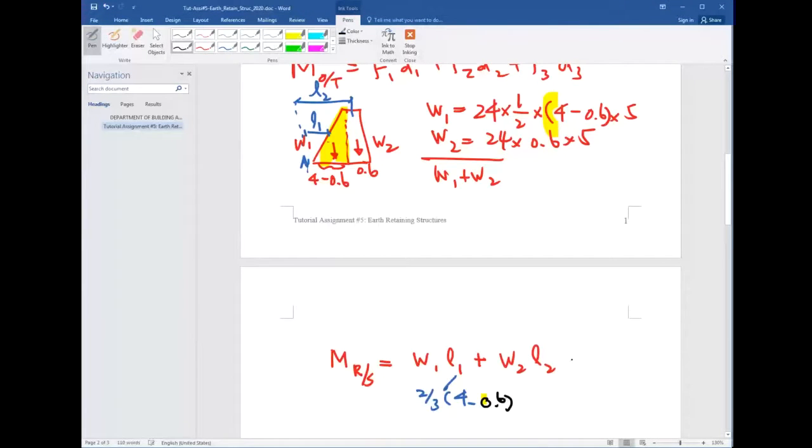And what's L2? L2 is equal to 4 minus 0.6 plus what? 0.6 divided by 2. Okay? L2 is equal to 4 minus 0.6 plus 0.3. So you got the restoring moment.